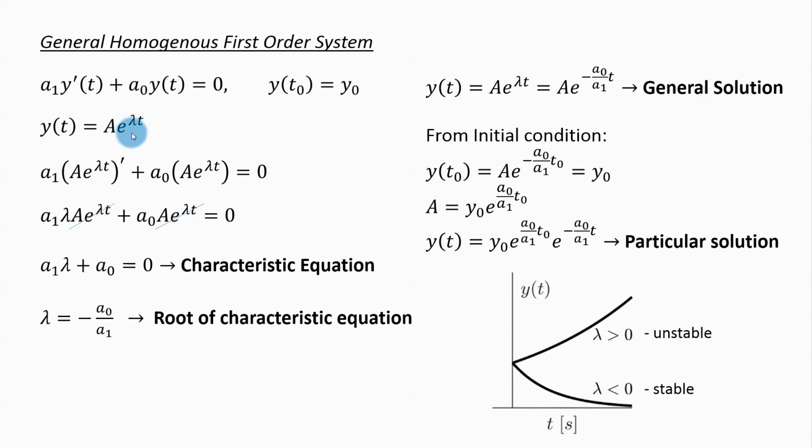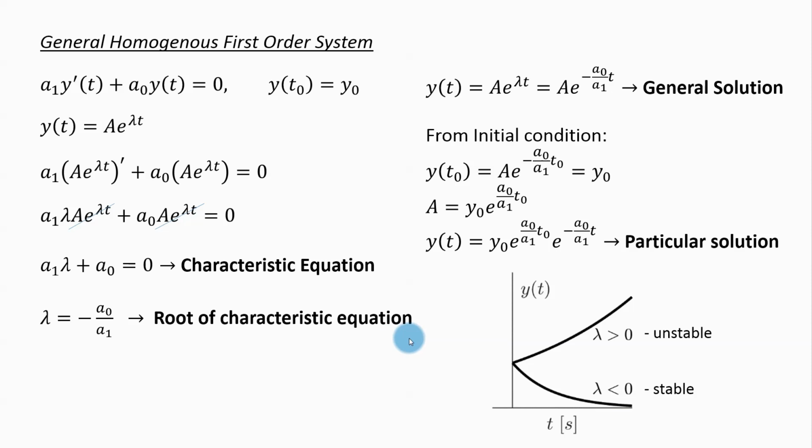To find these constants, you can substitute this solution into your differential equation, evaluate the derivatives, cancel out the A's and the exponentials, and you will arrive at the equation for lambda, which is called the characteristic equation. You evaluate this equation and you get this solution, which we call the root of the characteristic equation.